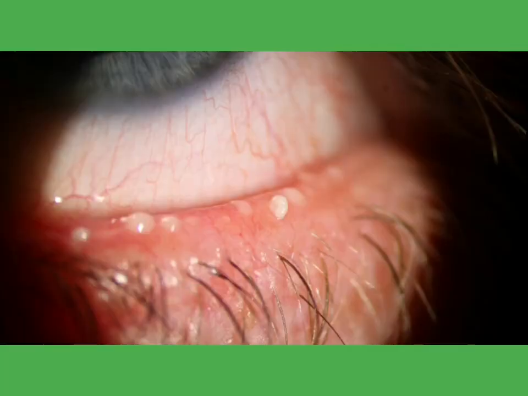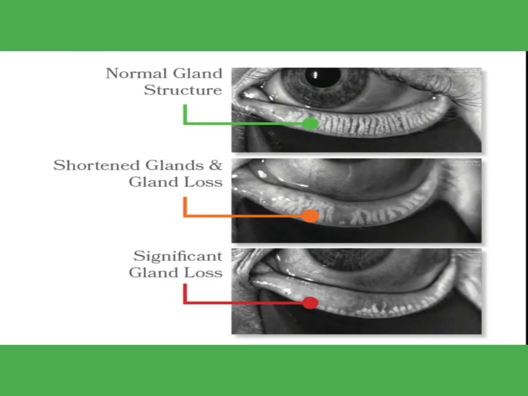Okay, and this picture I already discussed with you all. Now here you can see normal gland structure like this, and shortened glands and gland loss.